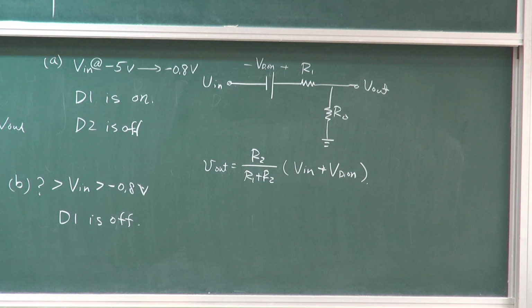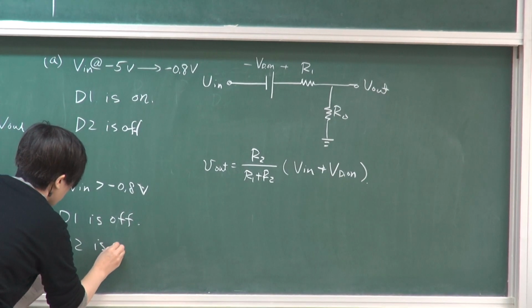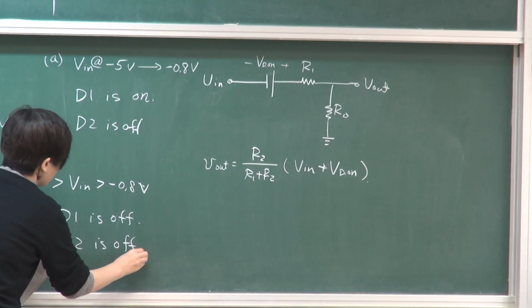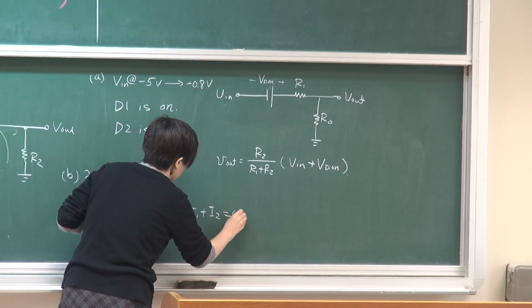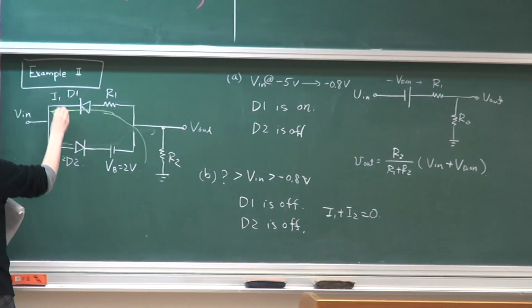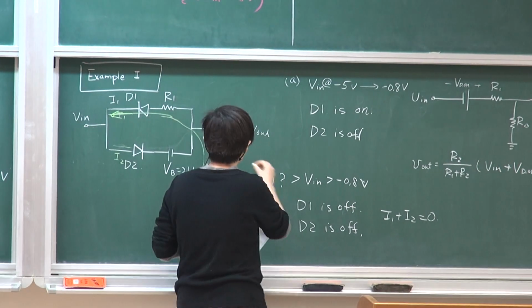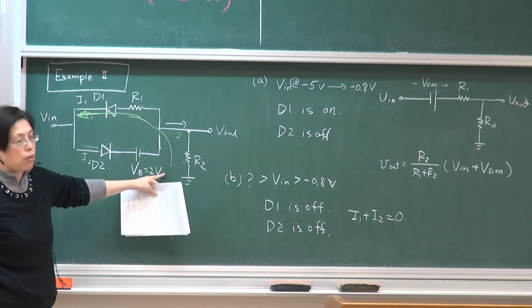And what about branch 2? Even though this is minus, this is still minus sign, so branch 2 is still off. That is to say, both I1 and I2 are 0. That means that the current coming into the output is 0.